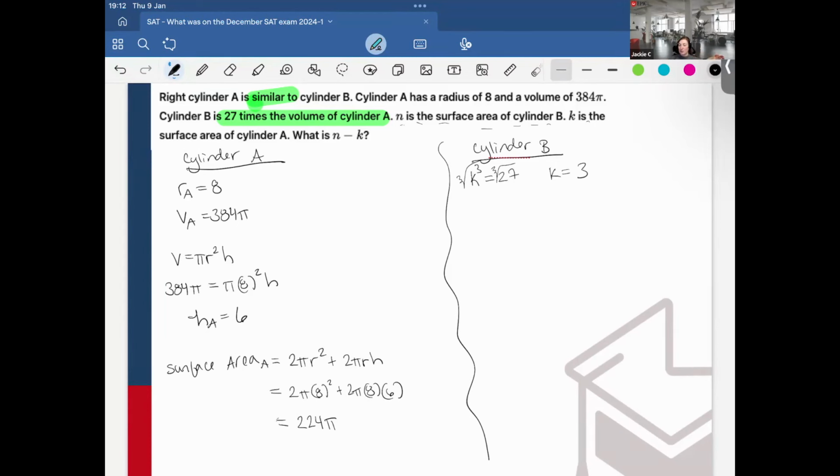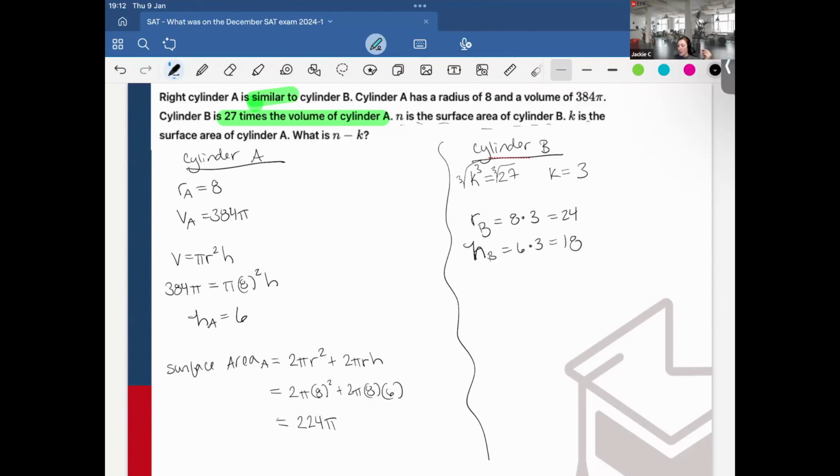So I know the scale factor is 3, so the radius of B is going to be 8 times 3, which is 24. And the height of B will be 6 times 3, so it's going to be 18.